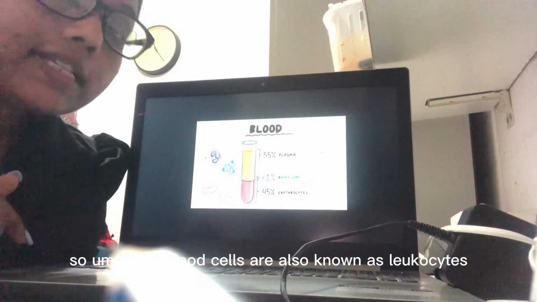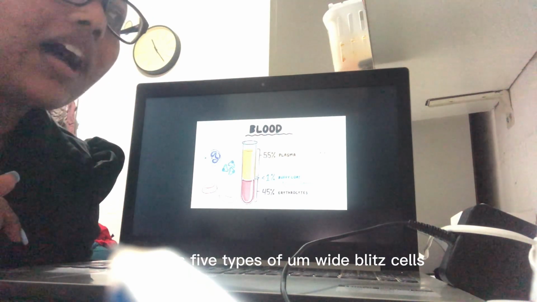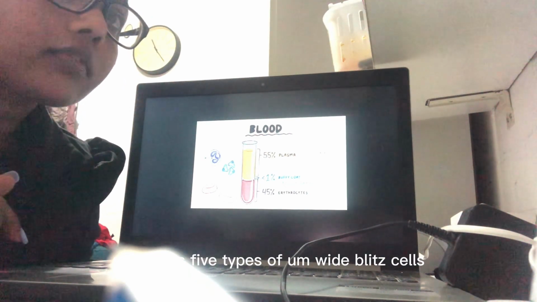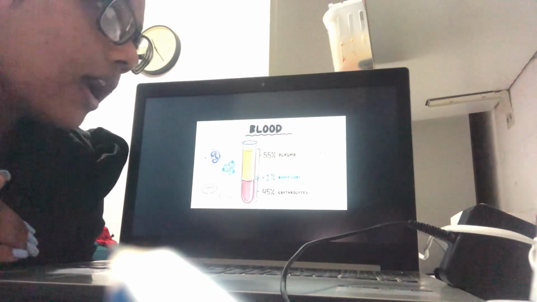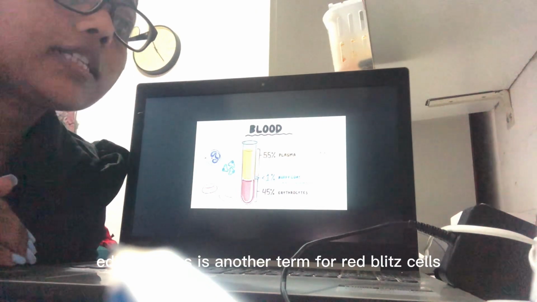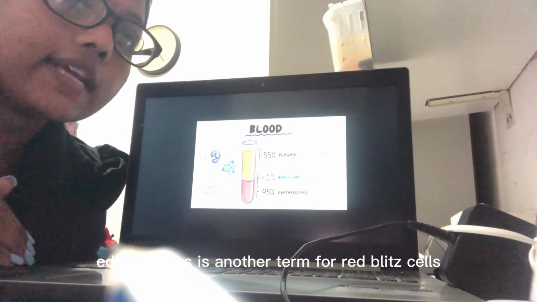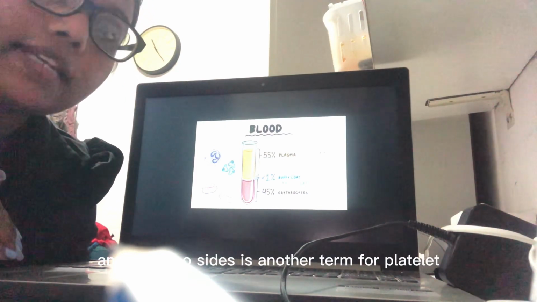White blood cells are also known as leukocytes. There are 5 types of white blood cells, which we are going to look at in a minute. And erythrocytes is another term for red blood cells, and thrombocytes is another term for platelets.